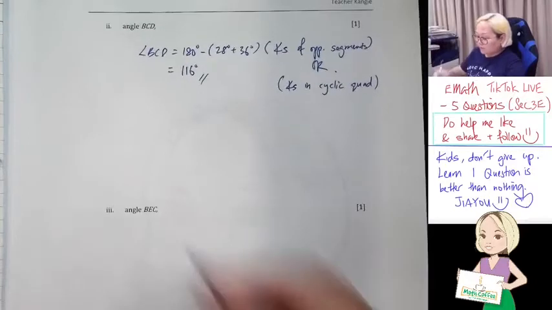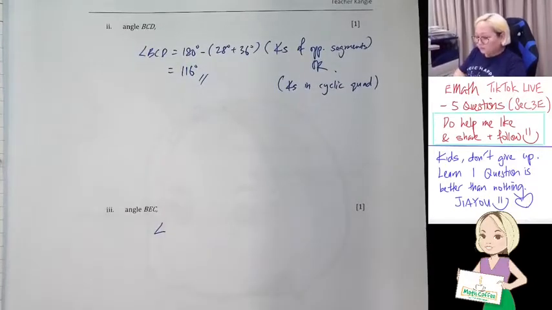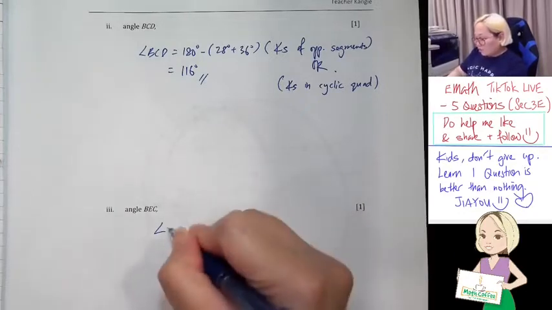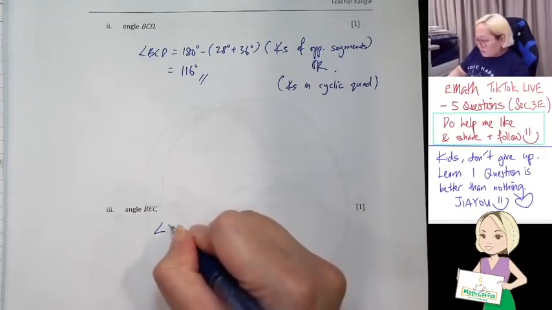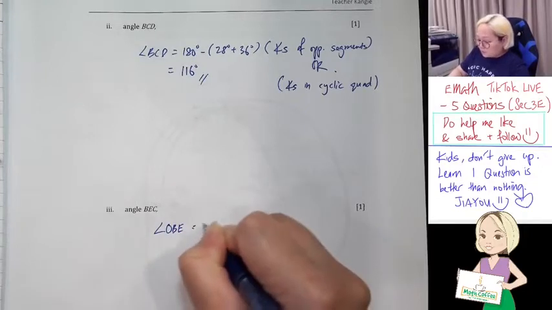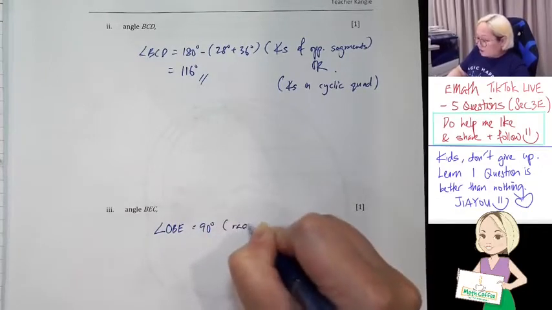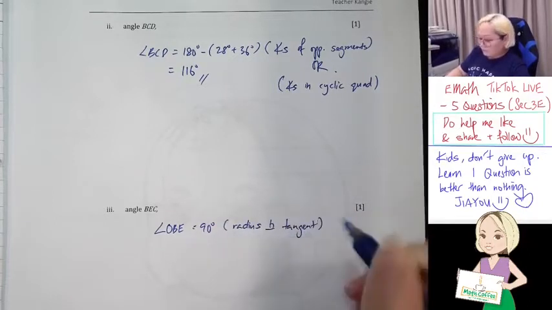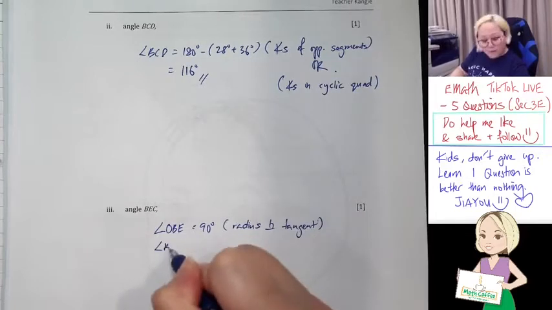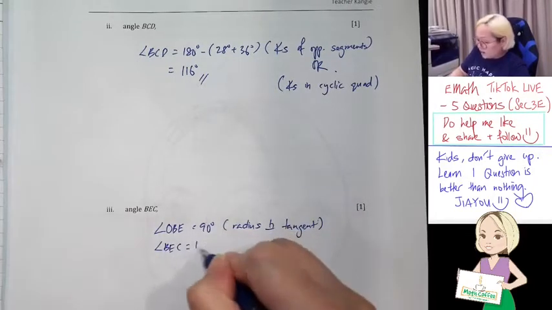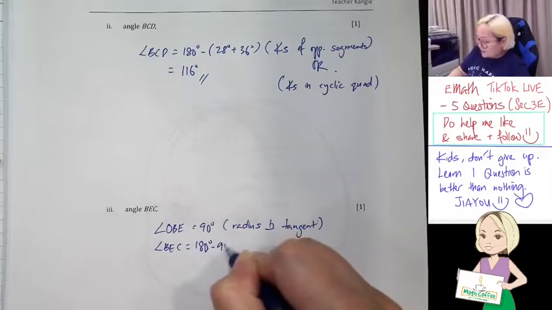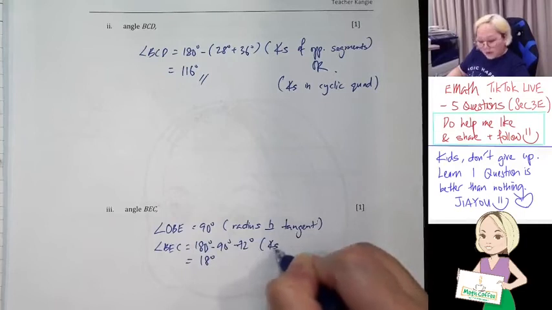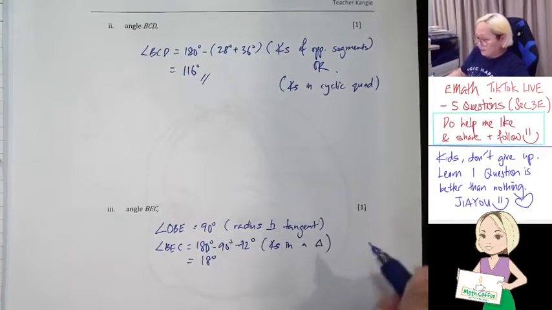So you will say angle EBO or OBE is equals to 90 degree, because radius is perpendicular to tangent. Then you can say angle BEC is equals to 180 degree minus 90 minus 72, which is equals to 18 degree. So this is angles in a triangle.